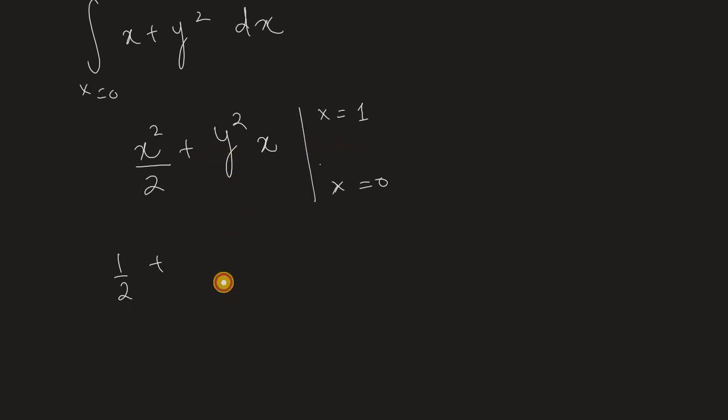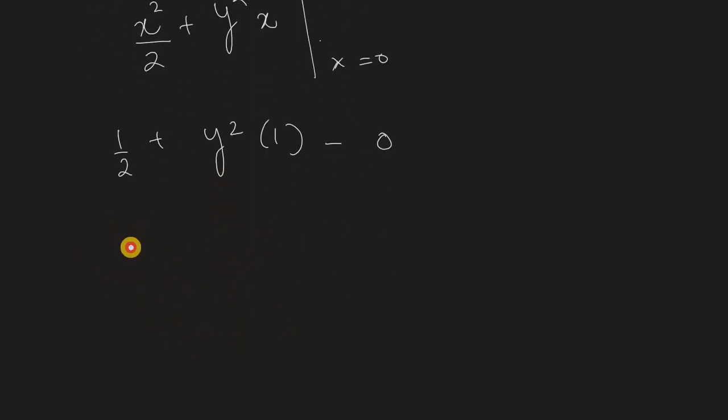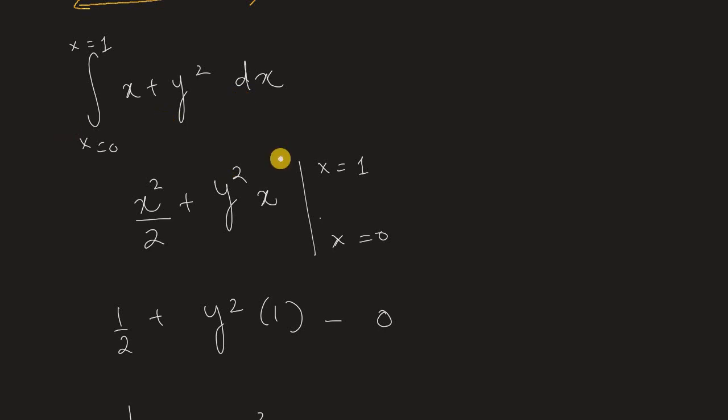Okay, so here we're gonna plug in the 1 over here, and then minus 0. This is gonna become 0, and this is gonna become 0 if you plug in 0 in here, so this is simply gonna be 0. Okay, so this is gonna be half plus y squared. This is the answer that we get from the dx part.